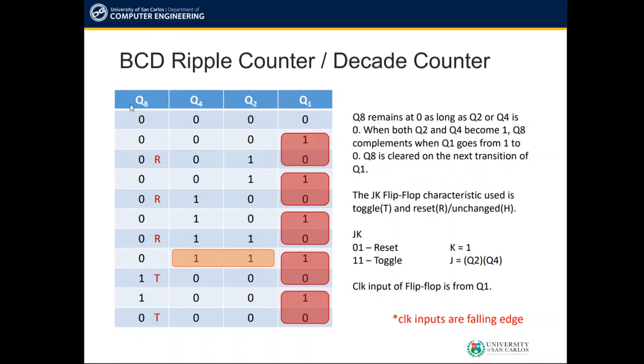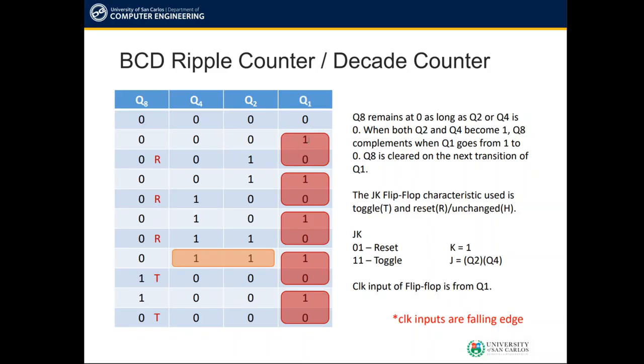And then the last flip-flop is from Q8. What we observe here is that Q8 remains 0 as long as either of the values of Q2 and Q4 is 0. This is based on the reference that Q1 is our clock pulse.